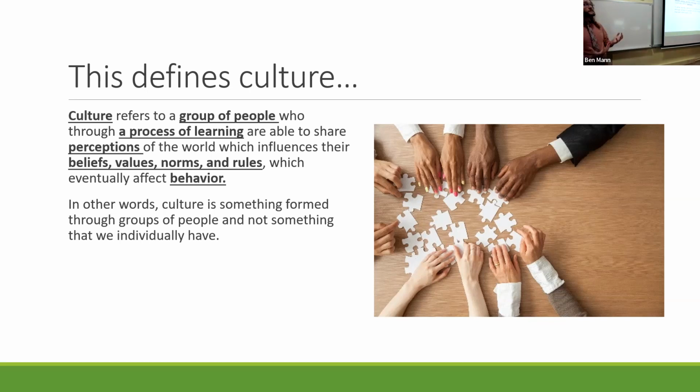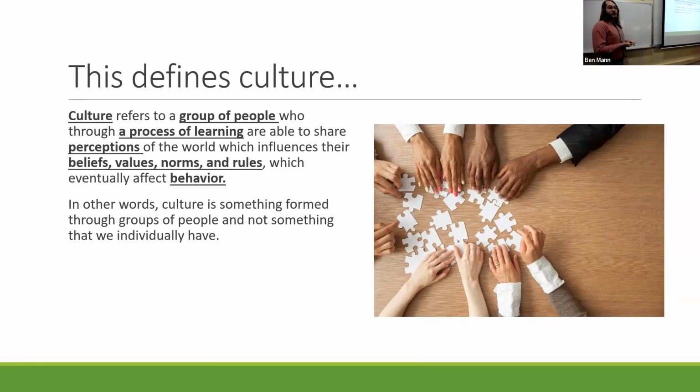They, through a process of learning, are able to share, right? So this idea that learning and engagement is a process that members of a culture help to develop over time. If you think of, for instance, religious affiliation or spiritual affiliation, right? Something such as a baptism, such as going to a service or observation, right?